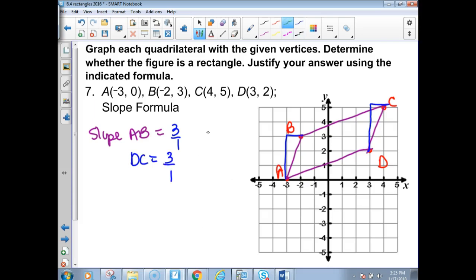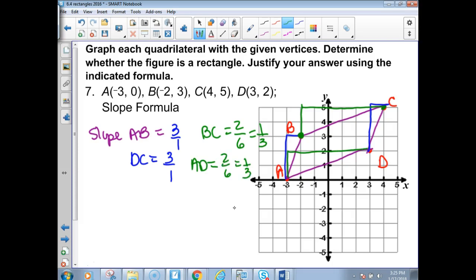Okay, then I'm going to find the slope of BC. To go from B, which is here, guys, to C, climb up 2, right 1, 2, 3, 4, 5, 6. That's 1/3. And the slope of A to D is also up 2, right 6.